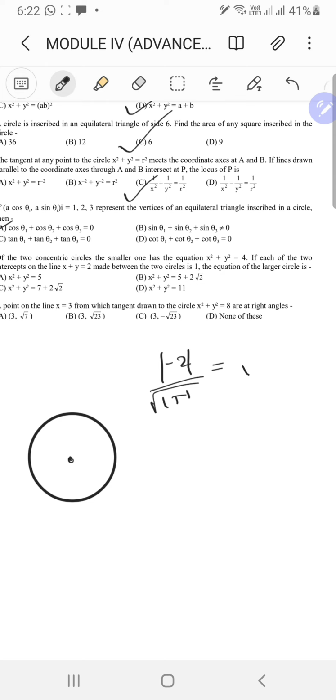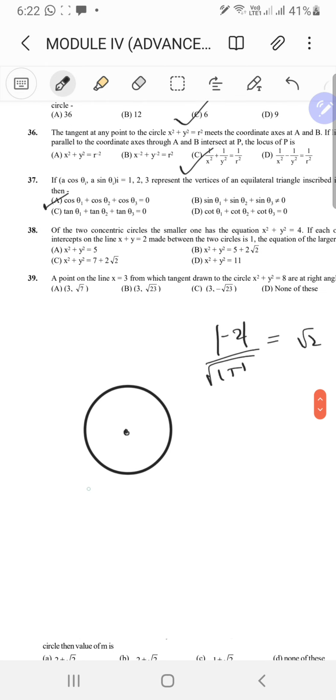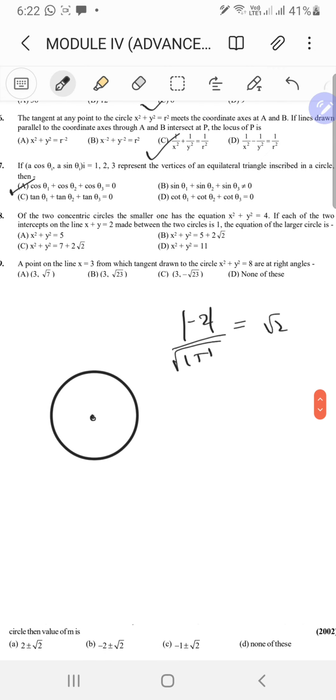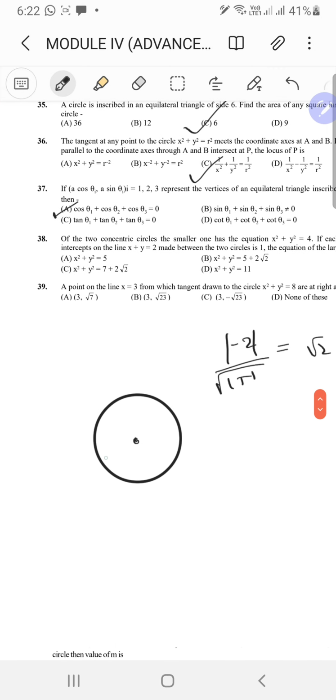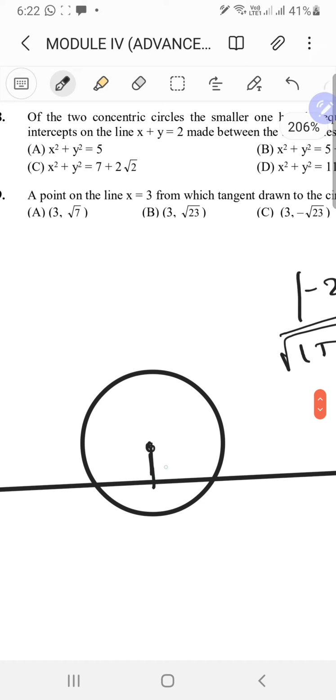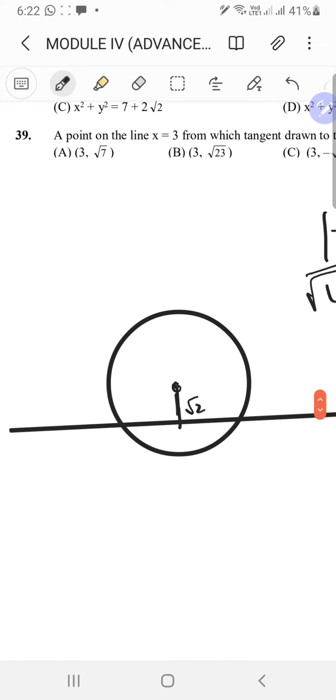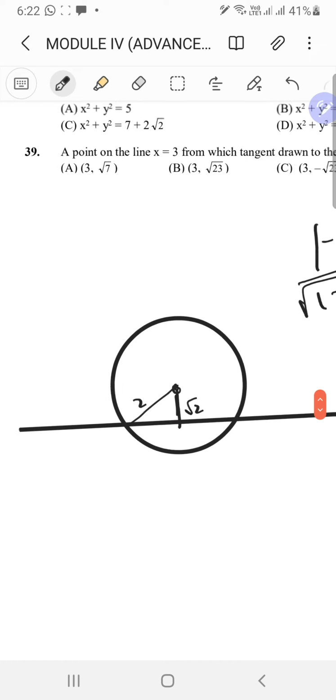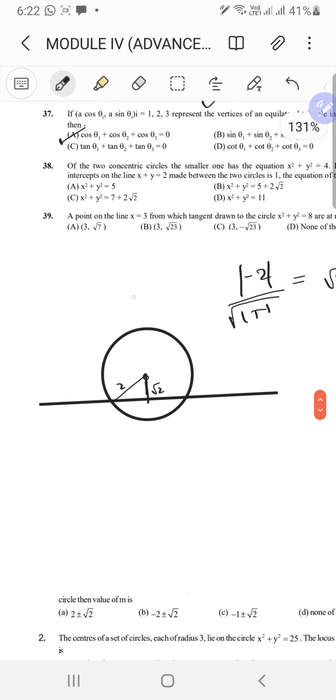So that is square root of 2. That is the distance from this line, which is smaller than 2. So this is the line we are interested in. This distance is square root 2. This is 2. And then we have a bigger circle.